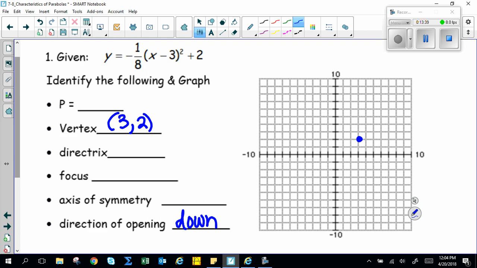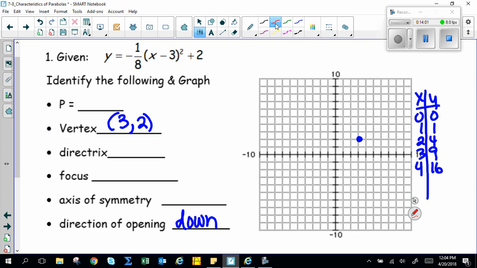So to do this, I'm going to go to my counting scheme again. What I did first semester, we said 0 squared is 0, 1 squared is 1, 2 squared is 4, 3 squared is 9, 4 squared is 16. And I'm going to multiply all those y values by negative 1/8. Now, I really only care about the ones that are kind of pretty.